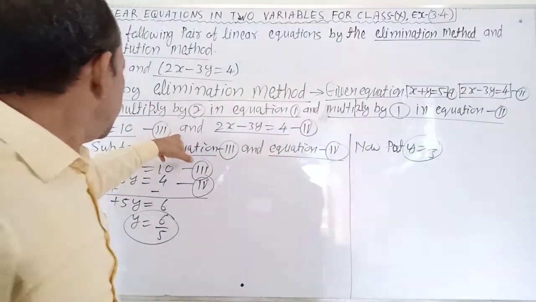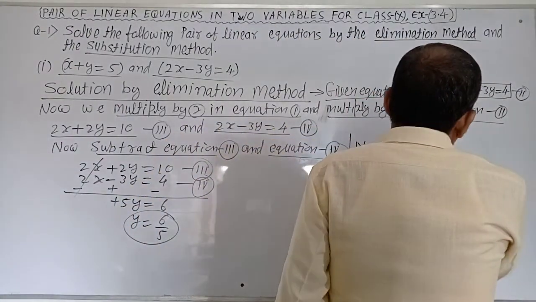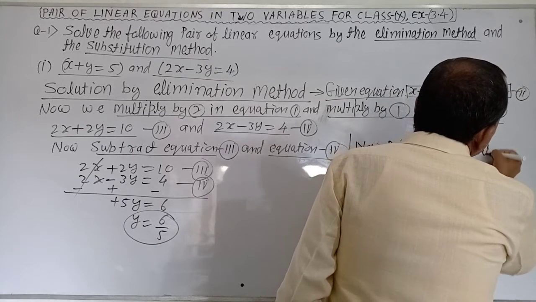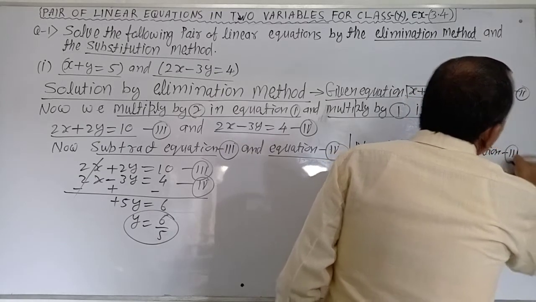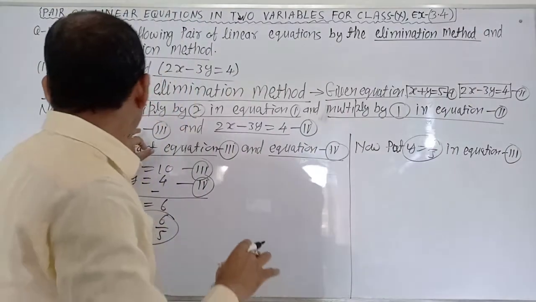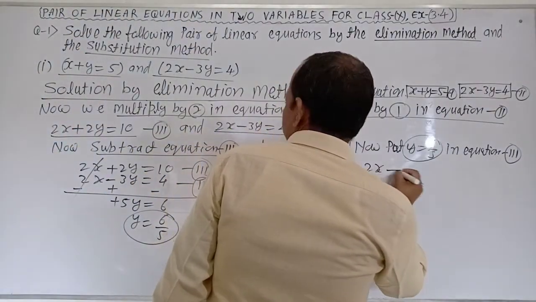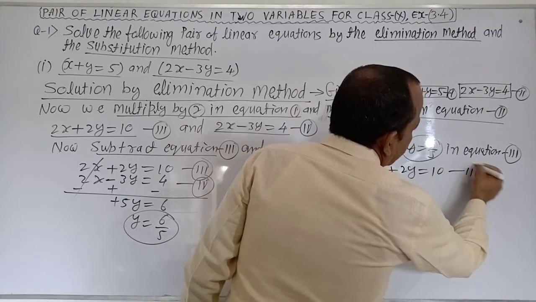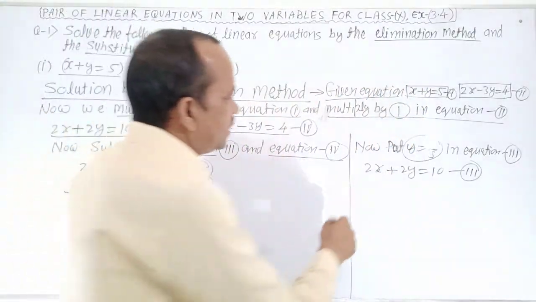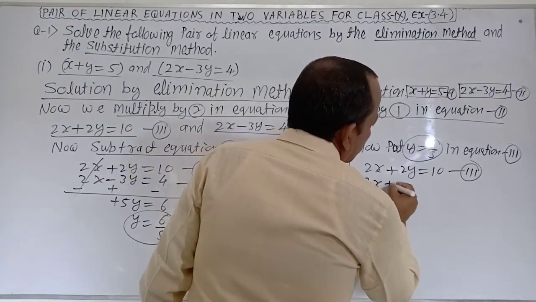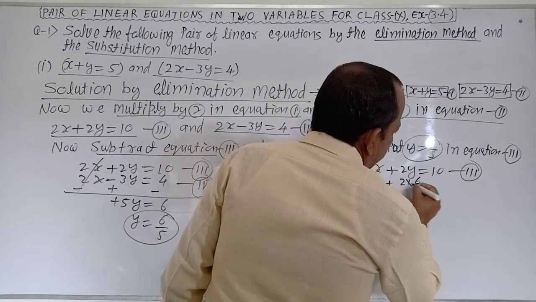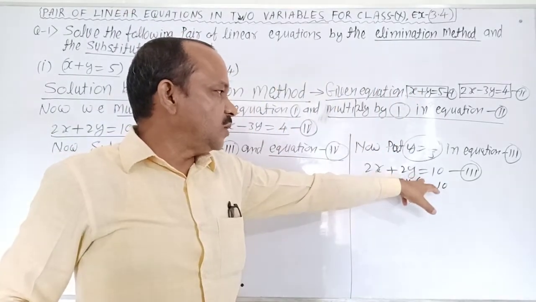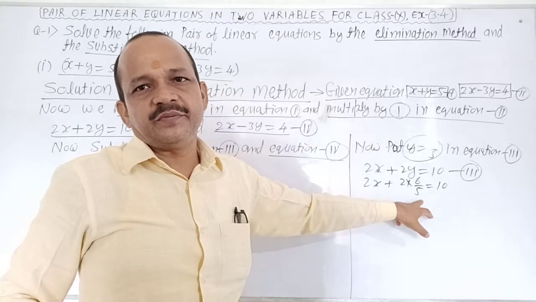Put it in equation third, which is 2x plus 2y equal to 10. Here 2x plus 2 multiplied by 6 by 5 equal to 10, since the value of y is 6 by 5. Clear?